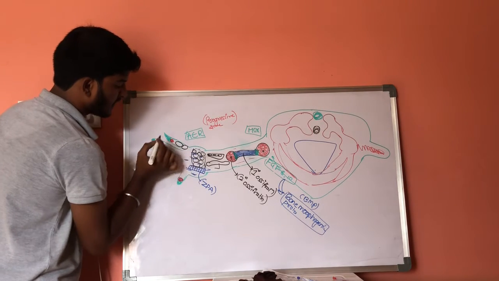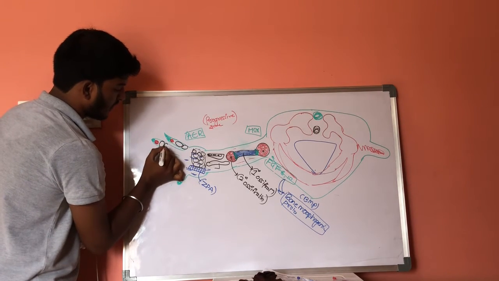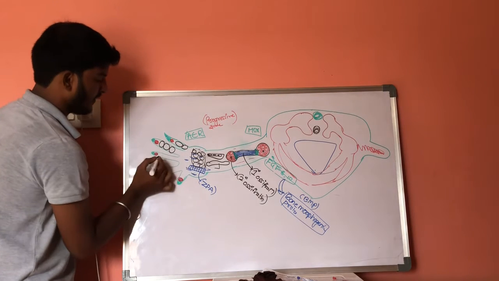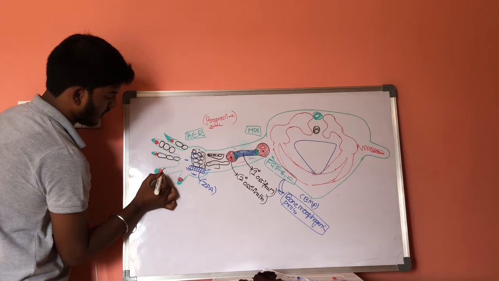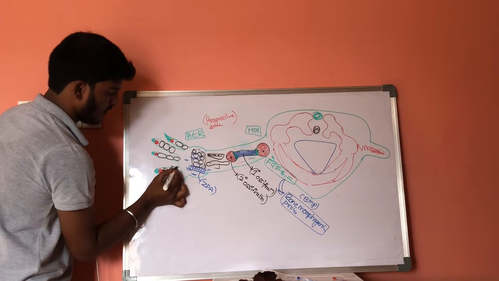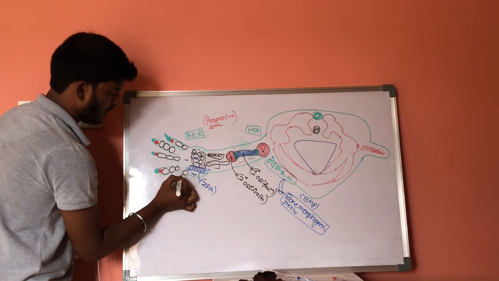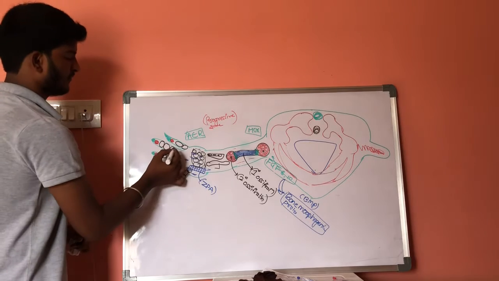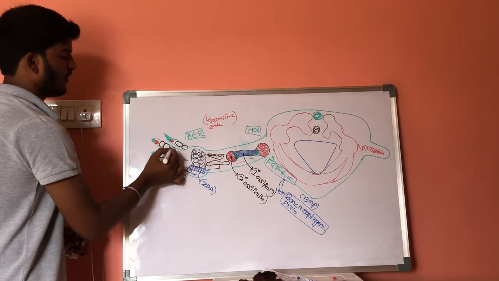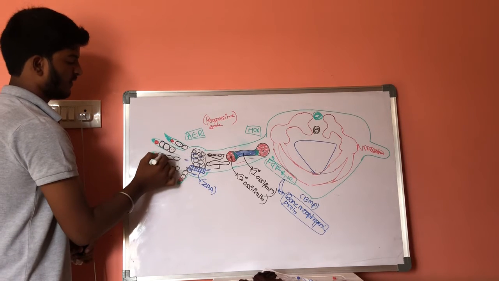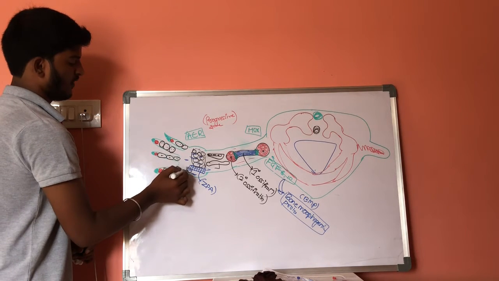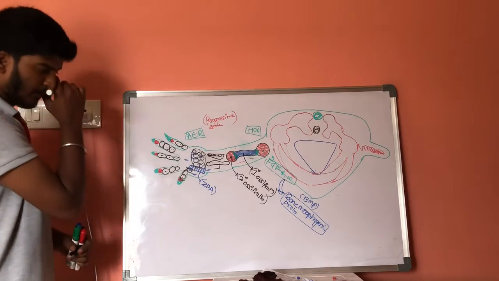This is the thumbnail, 1, 2, 3. So there are a total of 14 phalanges.